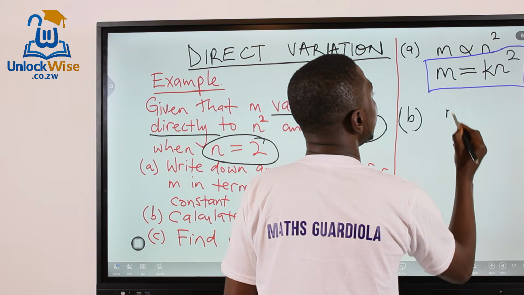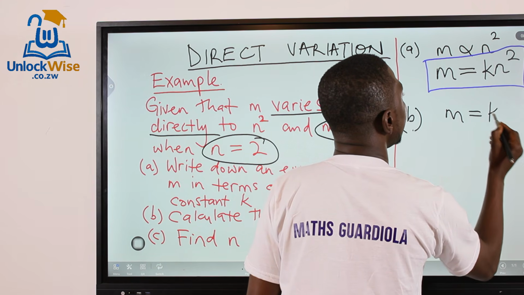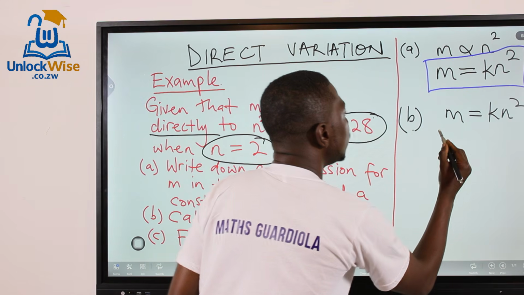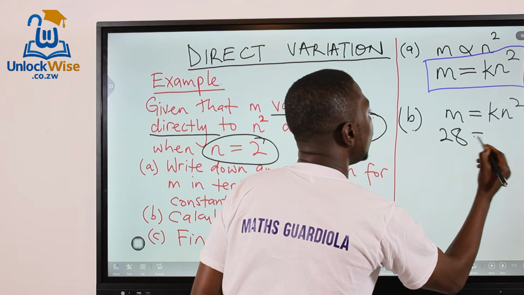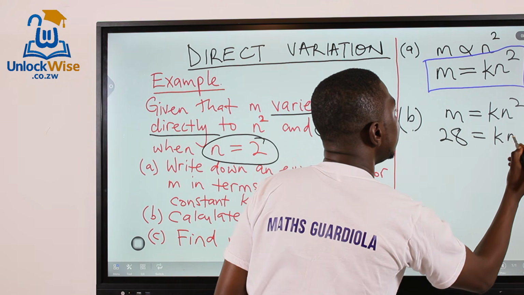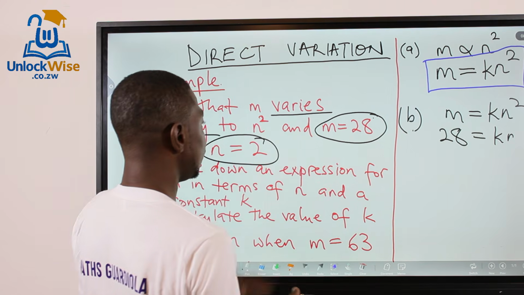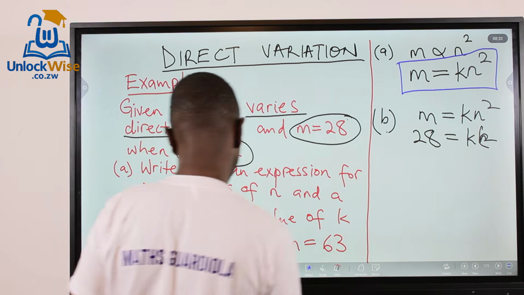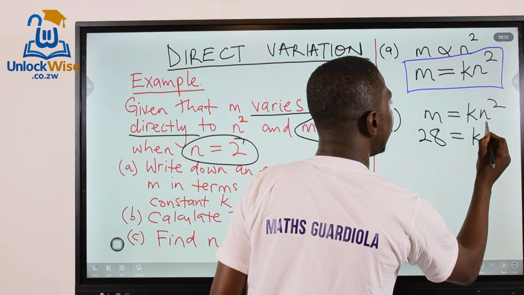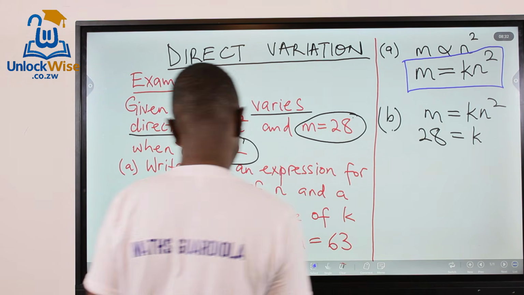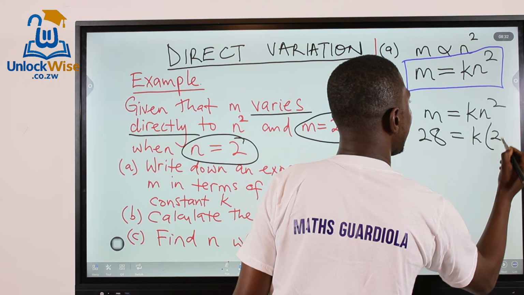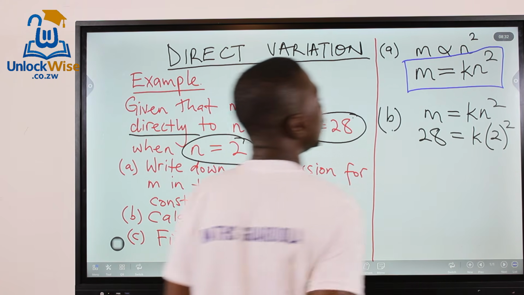So our equation is m is equal to k n squared. But we are told that m is equal to 28 when n is equal to 2. So we can have this as 2 squared.